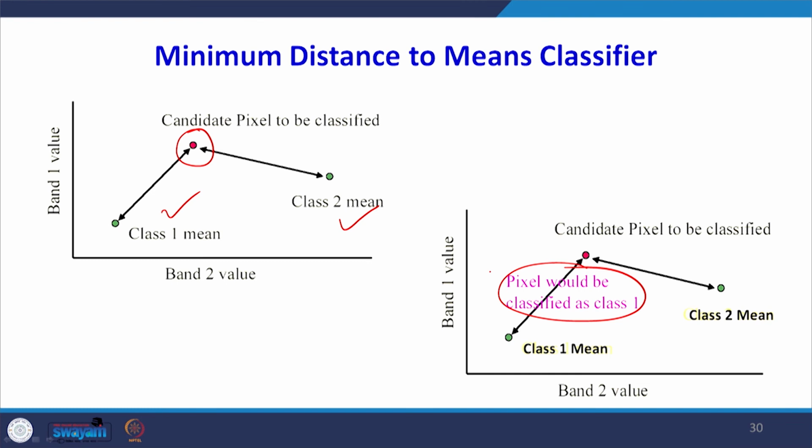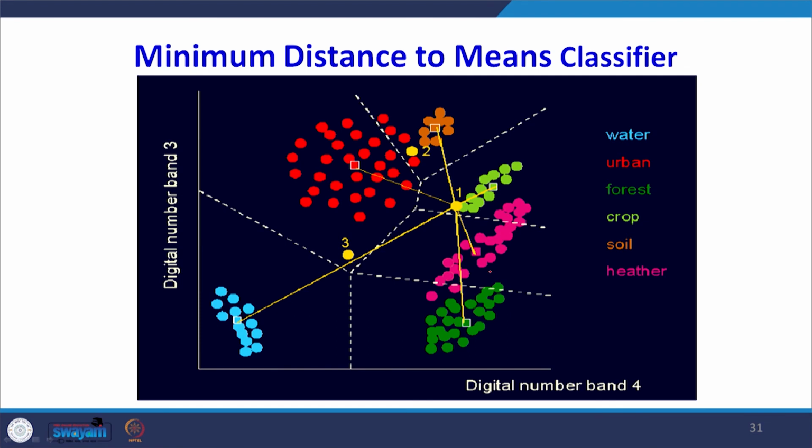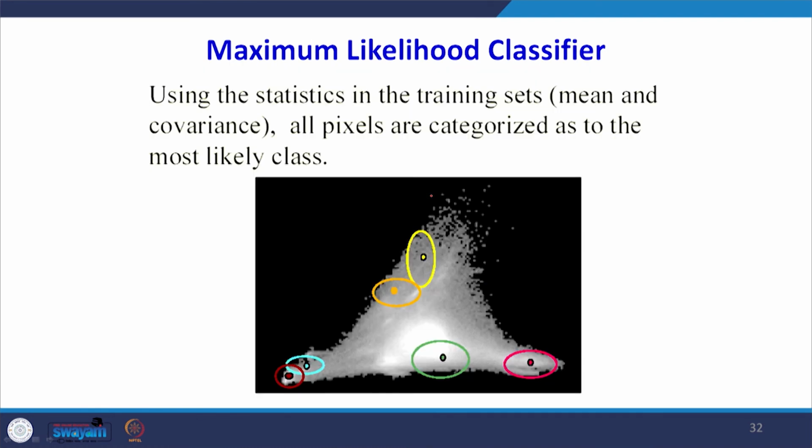This exercise will be done pixel by pixel, and each pixel will be allocated to the class where the distance is minimum. In this figure also, pixel 1 is to be classified. It will be classified to the surrounding class where the distance is minimum. Here the distance is minimum for the crop, so it will be classified as crop.